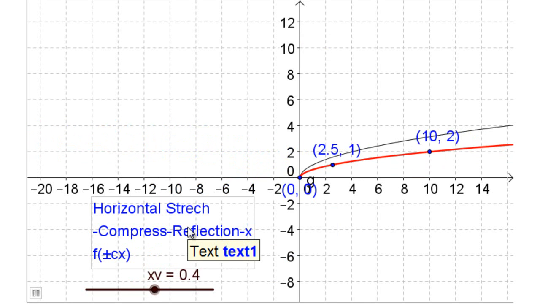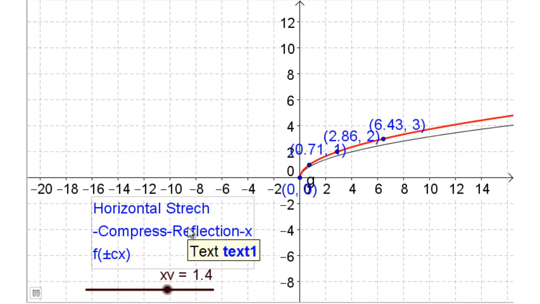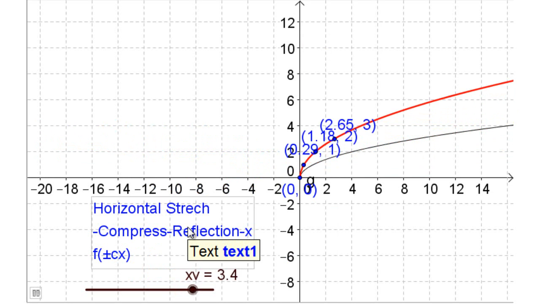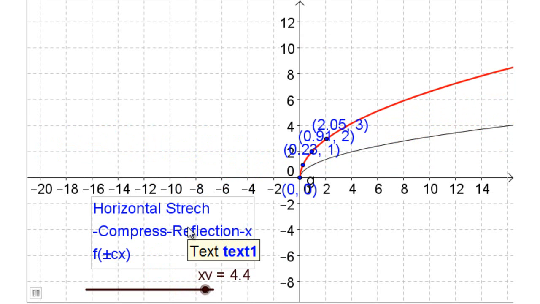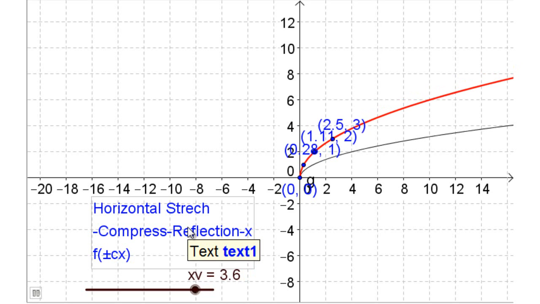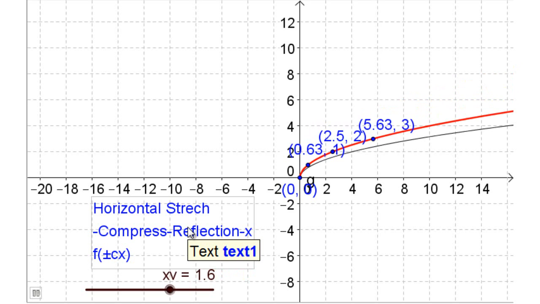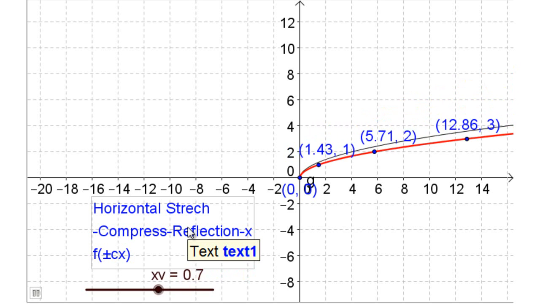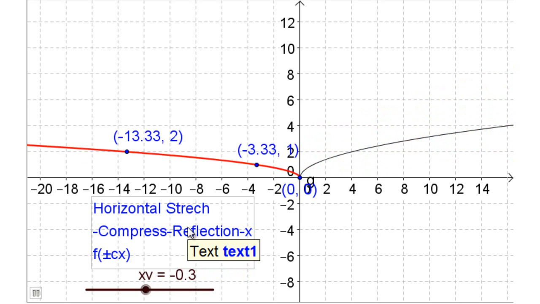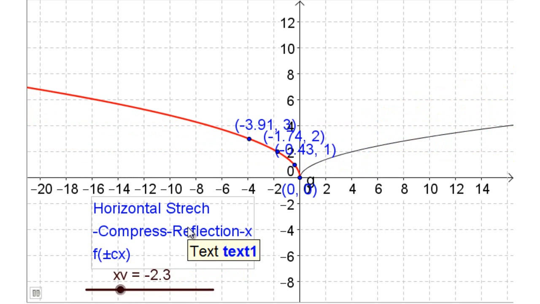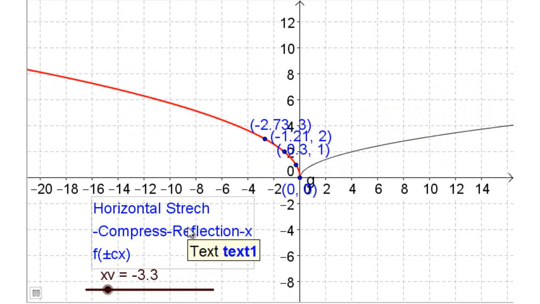Look at the animation. Compress, in this case, because the coefficient is greater than 1. When the coefficient is less than 1, there's a stretch, horizontal stretch, and when the coefficient is negative, it's reflection. The specific case of negative 1 is a perfect reflection.